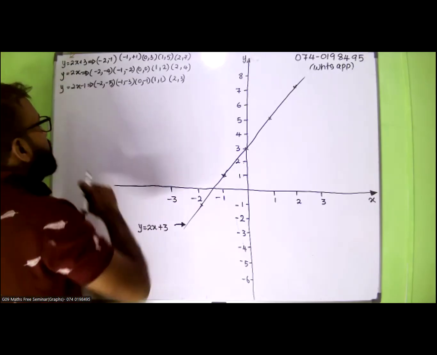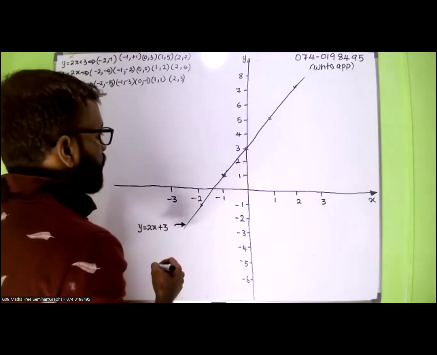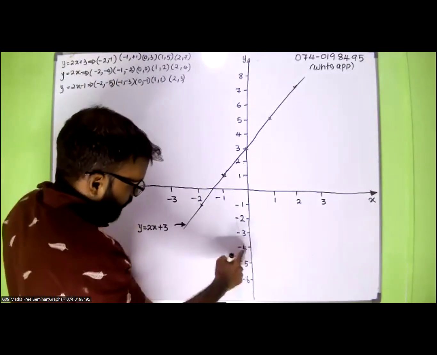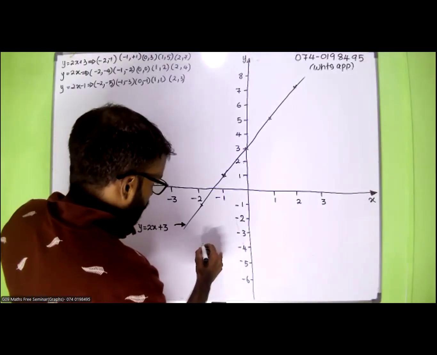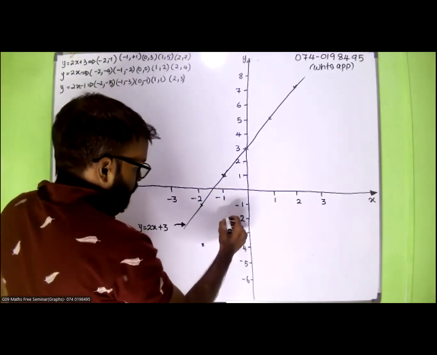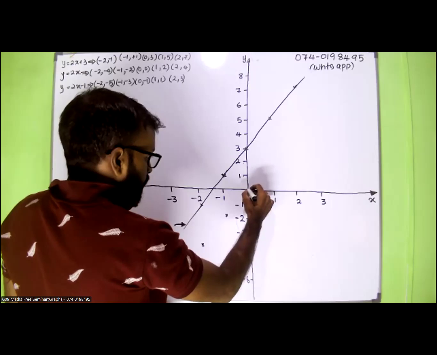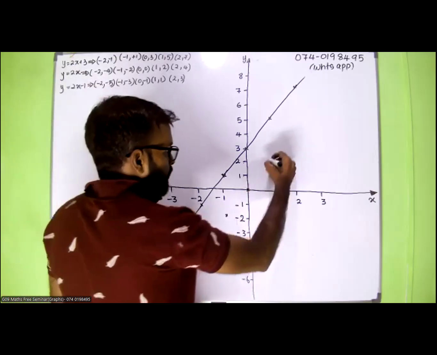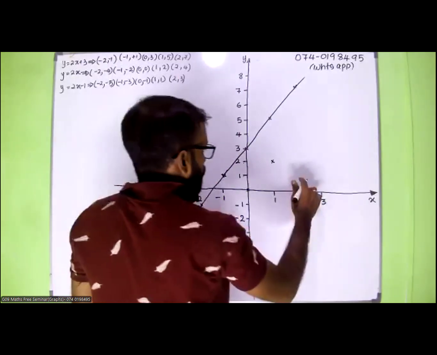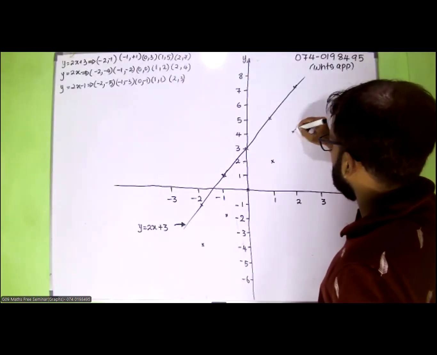Then I am going to draw y equals 2x. The first point is (-2, -4), somewhere around here. Then (-1, -2), (0, 0), (1, 2), and (2, 4).